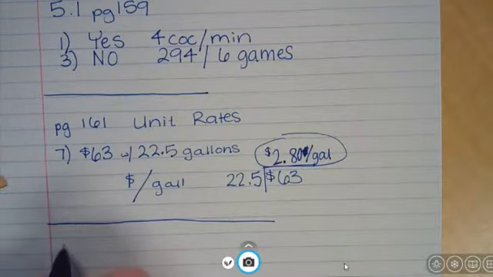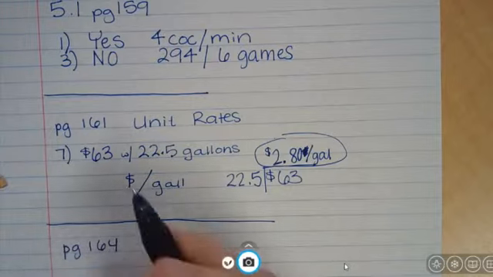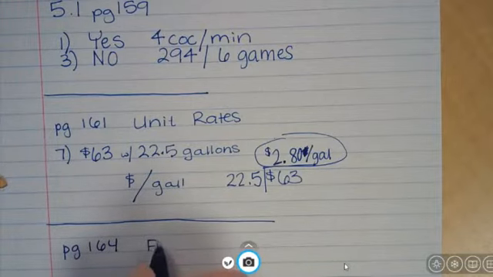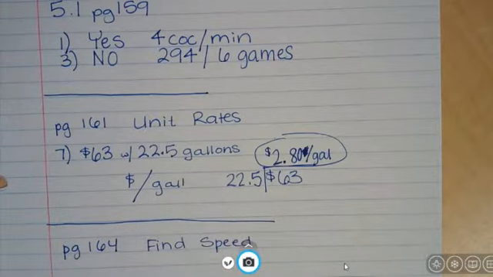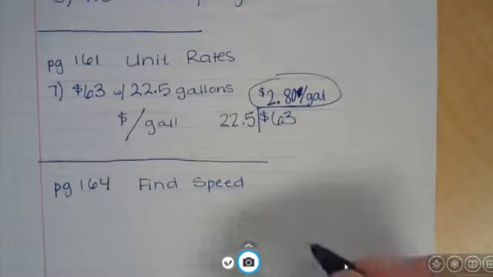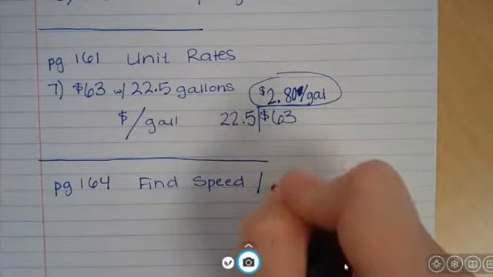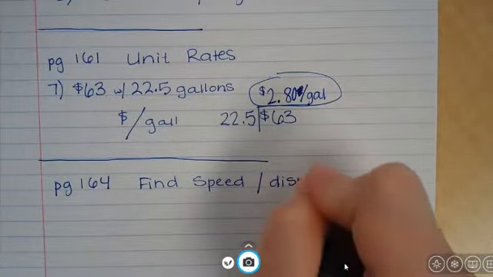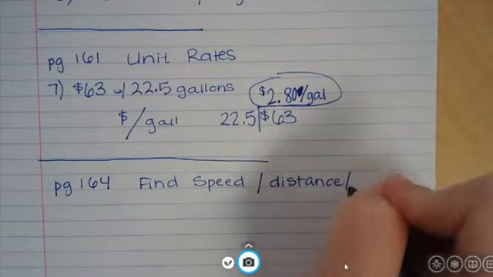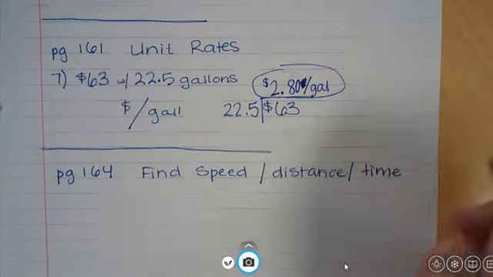Moving forward to page 164, you're going to find the speed of something. We talked about finding the distance, speed, or time. So we're going to combine this with speed, distance, or time and just do a quick review.